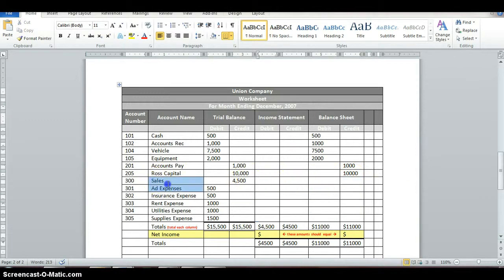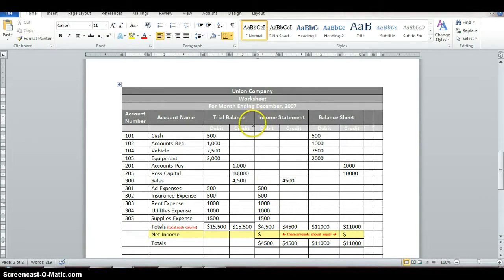So now I'm looking at my revenues and expenses, and I'm copying those balances over to the income statement columns. So sales has a credit balance, $4,500, $500 for ad expenses, $500 for insurance, $1,000 for rent, $1,000 for utilities, $1,500 for supplies.